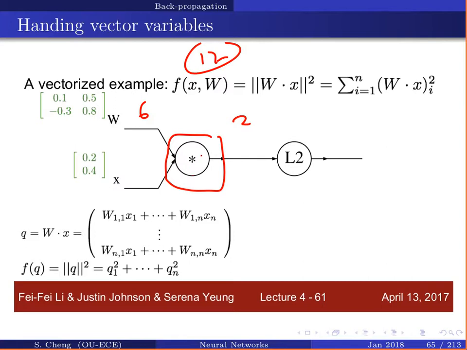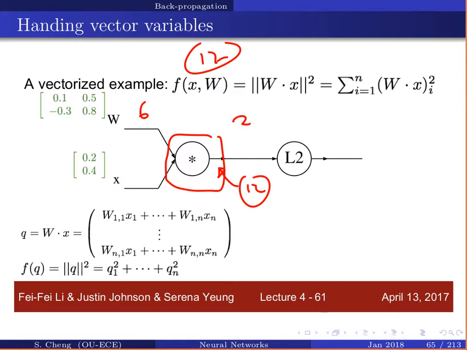The point I want to make is, if you implement this naively, in the forward pass you compute the output and also compute the local partial derivative of the output with respect to each of the inputs. That will be 12 different values, so basically the whole Jacobian will be stored here.